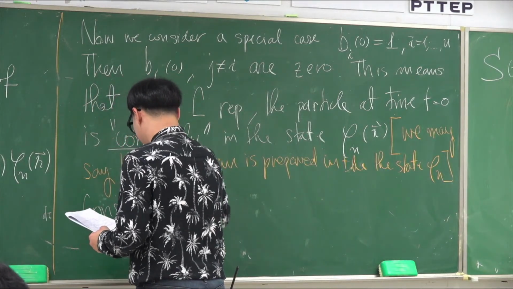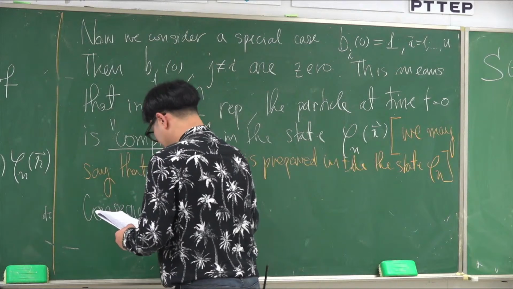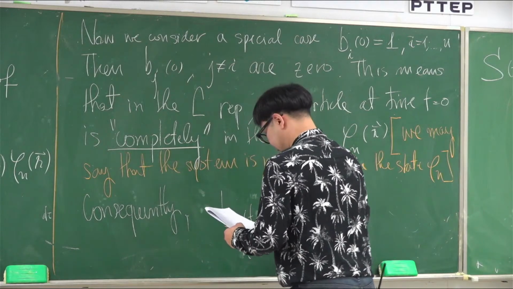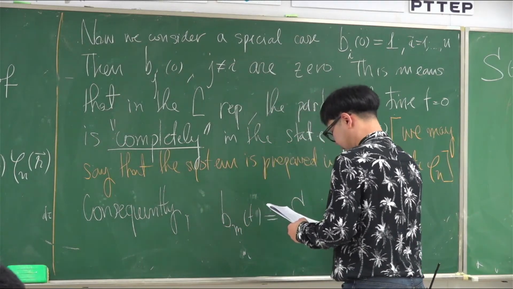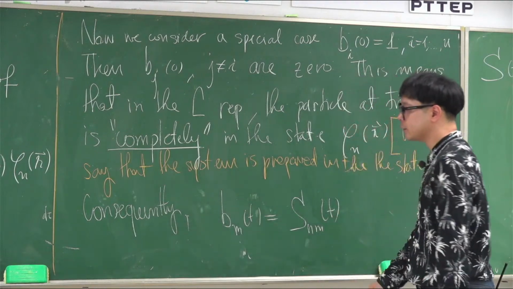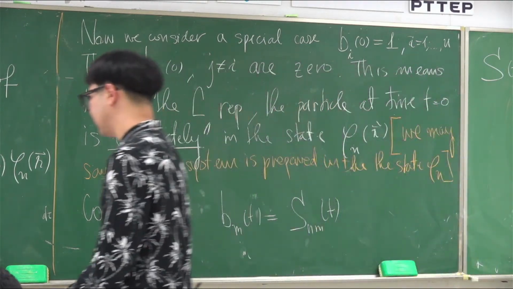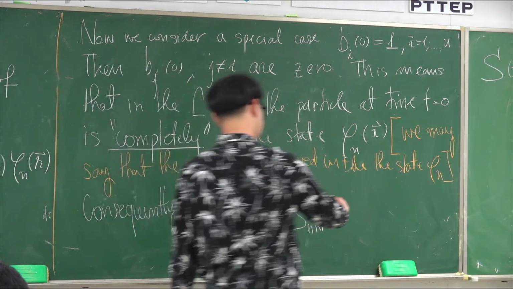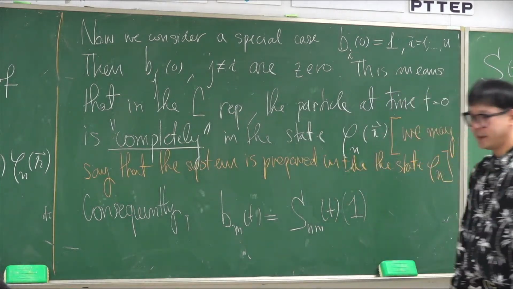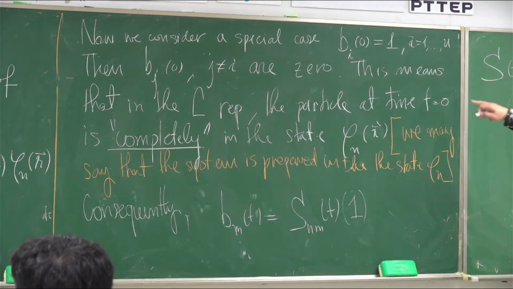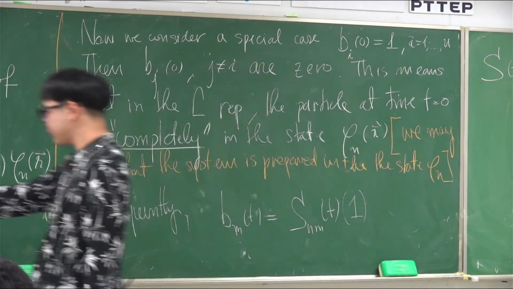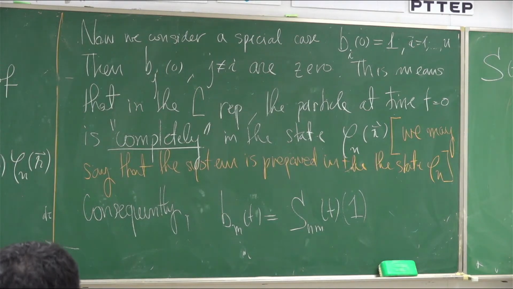Consequently, we're going to have this one here. You see, from this equation, because this is 1 there, it is a condition. When you sum over possible n, only one of them survives, right?